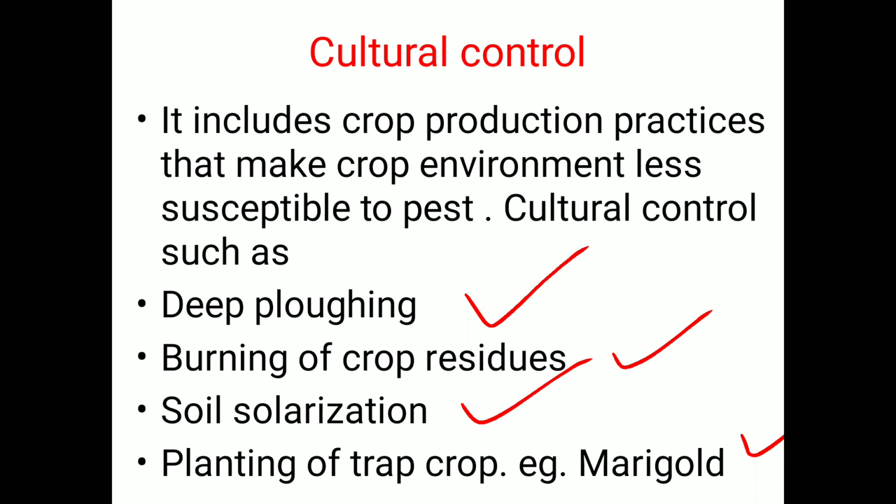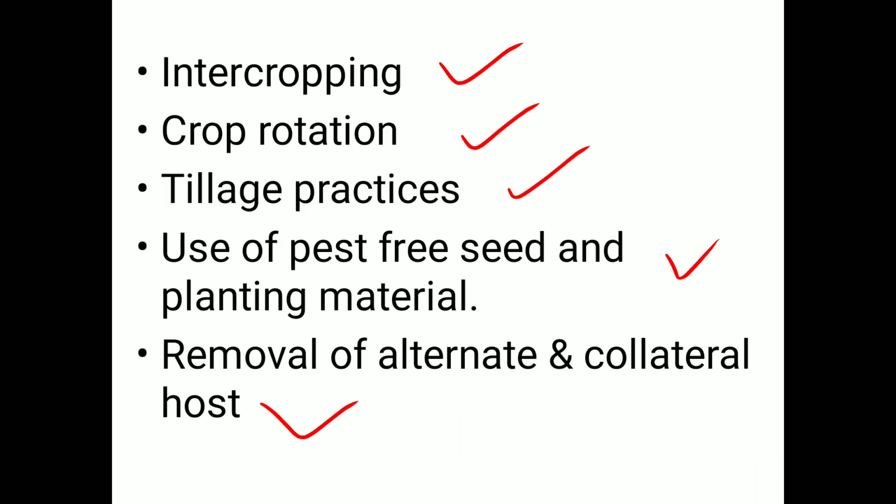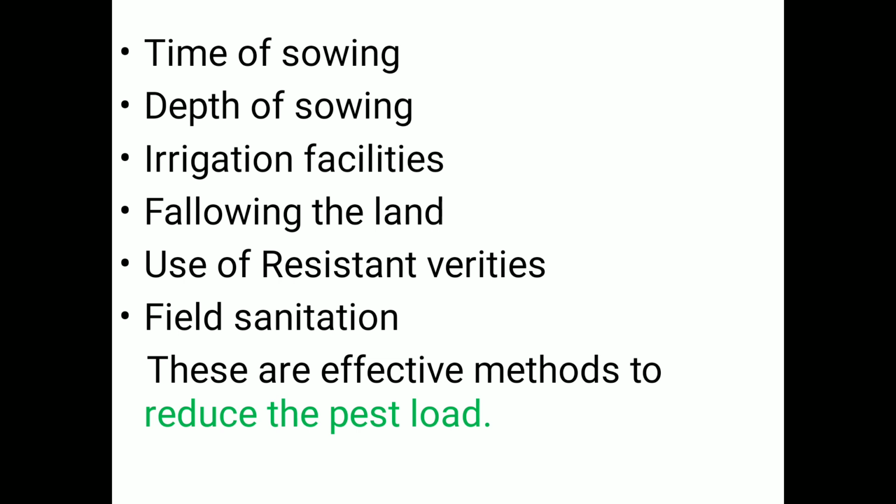Cultural practices make the crop environment less susceptible to pests, and they involve burning of crop residues, soil solarization, planting of trap crops, intercropping, crop rotation, tillage practices, use of pest-free seed and planting material, removal of alternate and collateral hosts, time of sowing, depth of sowing, irrigation facilities, fallowing of the land, use of resistant varieties, and field sanitation.